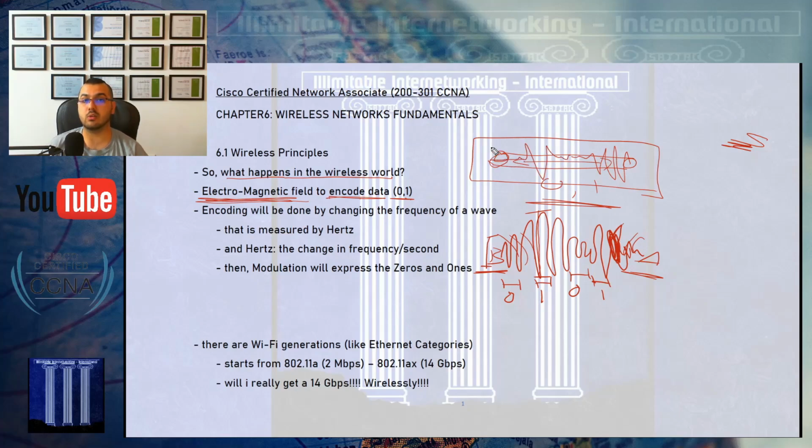But how were they sent? How was that field changing? It was by sending electrical signals through this cable. So there was a cable and there was some electricity passing through. There was a fiber cable and there was some light or laser passing through.